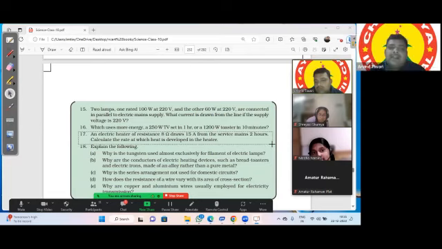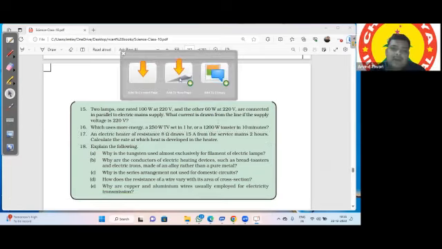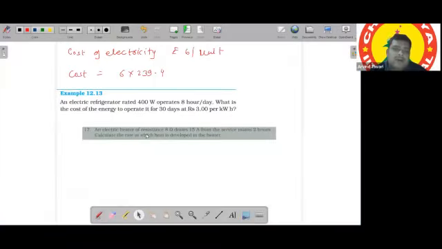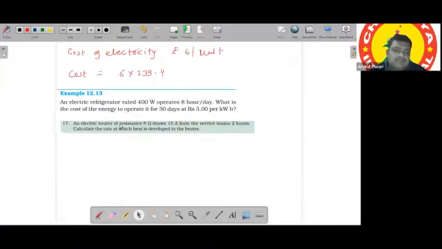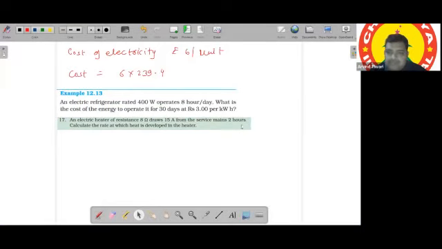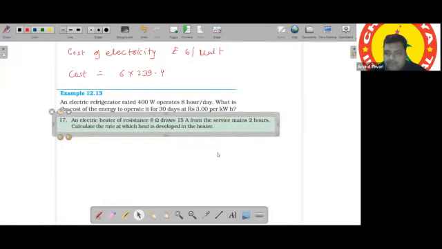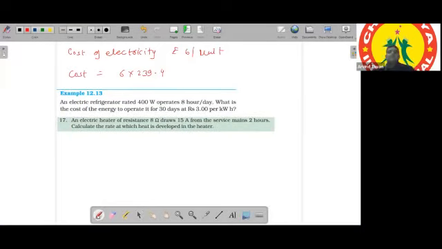The rate at which heat is developed is also called power. And what are the formulas of power? We can compute power as V into I, as I squared R, or as V squared by R. So in this case, which one will be the correct one to use?